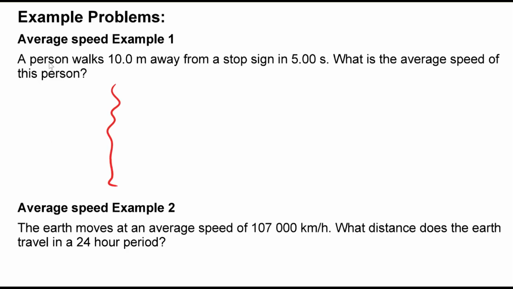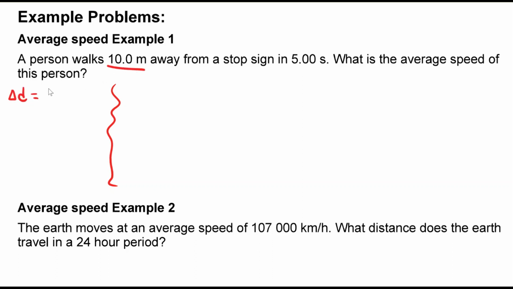Perfect. A person walks 10 meters away from a stop sign in 5.00 seconds. What is the average speed of this person? Well, let's go through here and underline or circle some really crucial information. A person walks 10 meters.